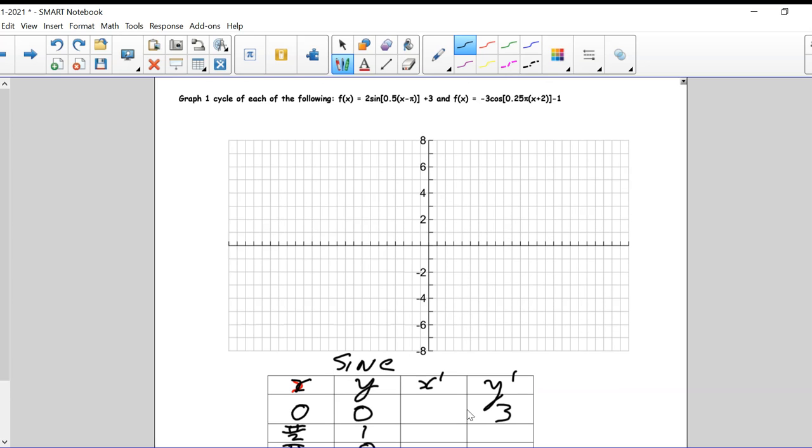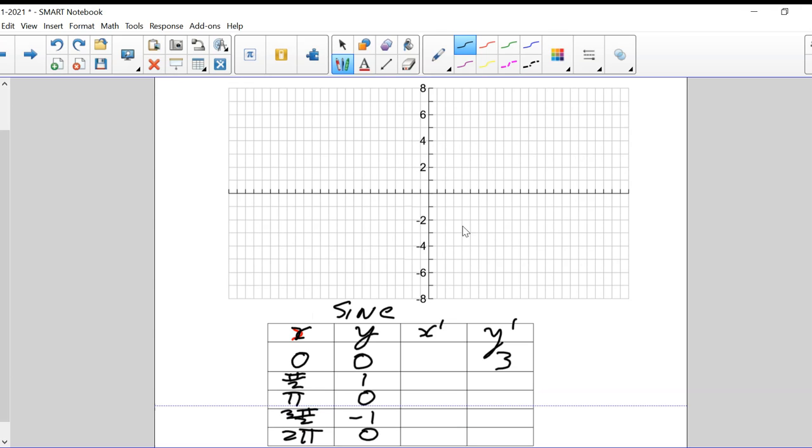I'm going to keep doing the same thing. 2 times the 1, which is 2, plus 3, which is 5. I'm going to get the same thing for 0 again, which is 3. It's the same 0 like before, so it's not going to give me a different answer.